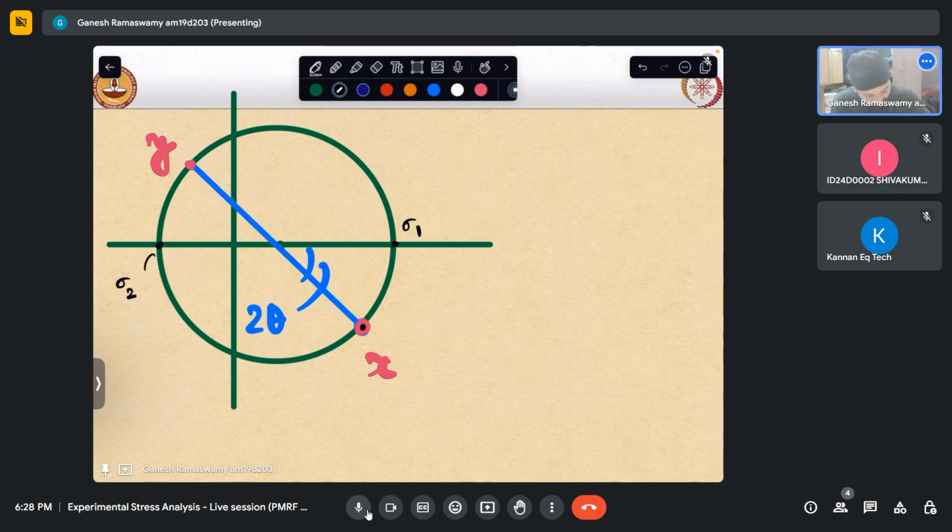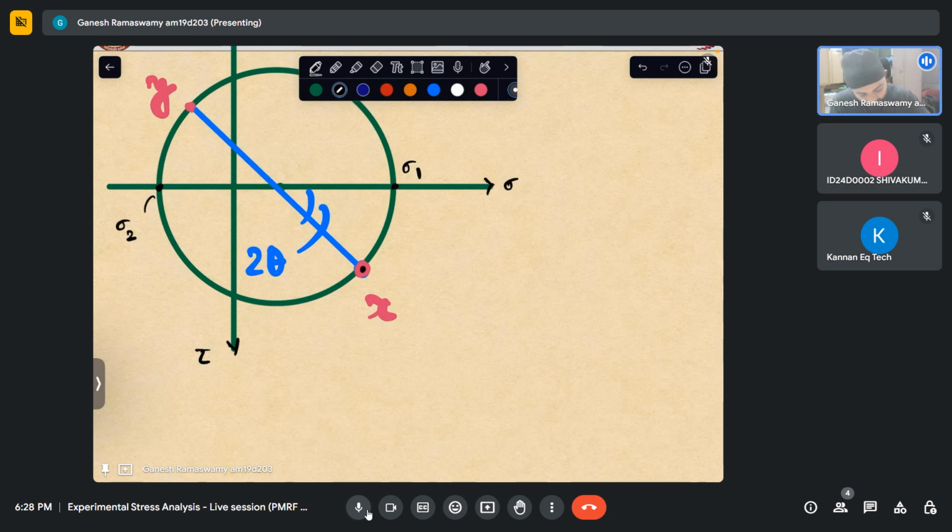And this is the sigma axis and this is the tau axis. So what do we know about this distance from the origin? This is nothing but my sigma x. Similarly, this is my sigma y.